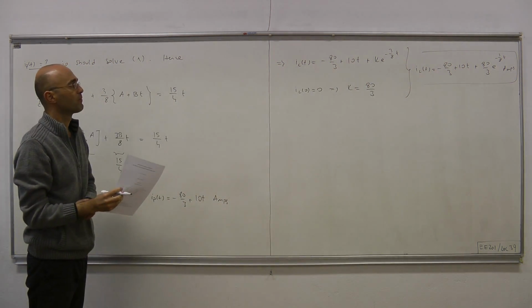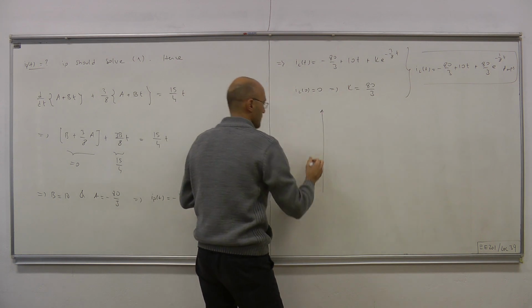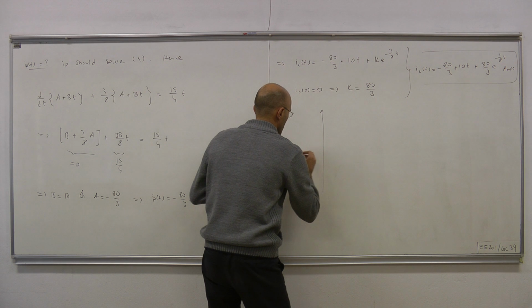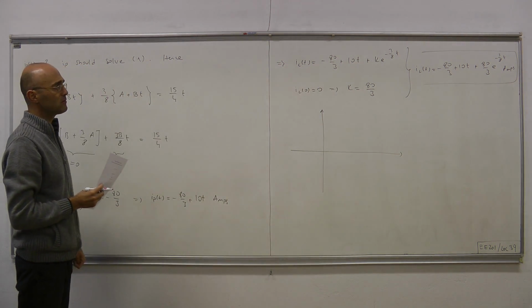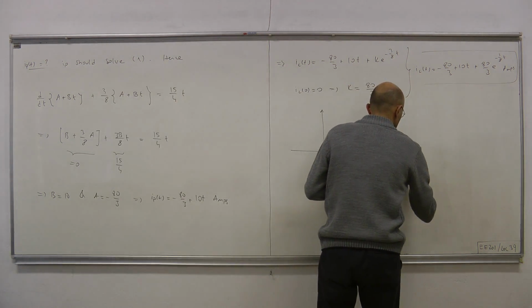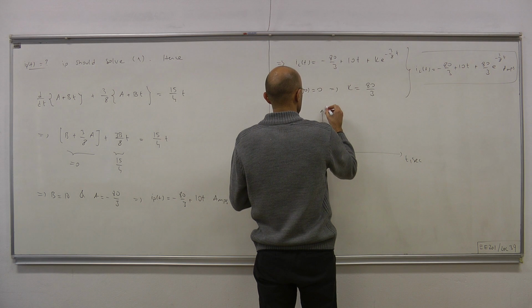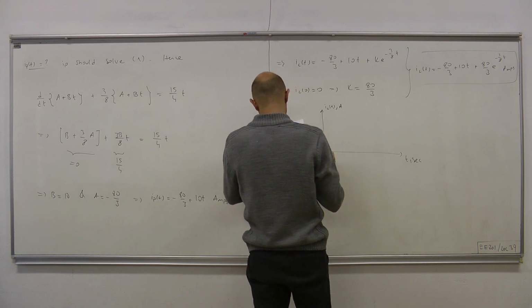So that's the solution. Let's also sketch that waveform quickly so that we have a better idea what the inductor current is doing. t seconds, i_L(t) amps. This is the origin.